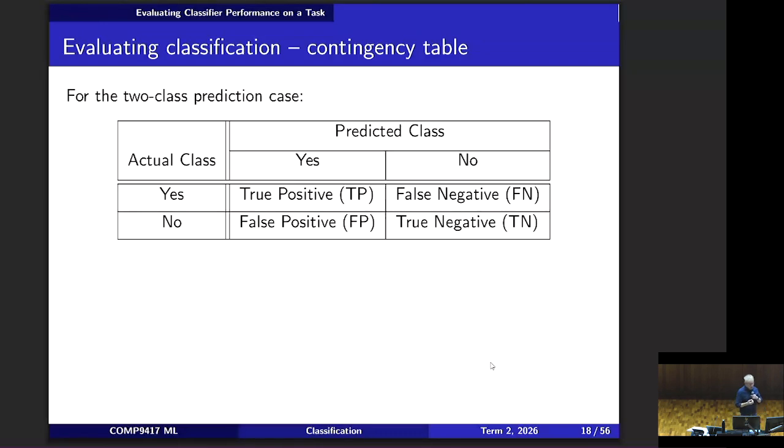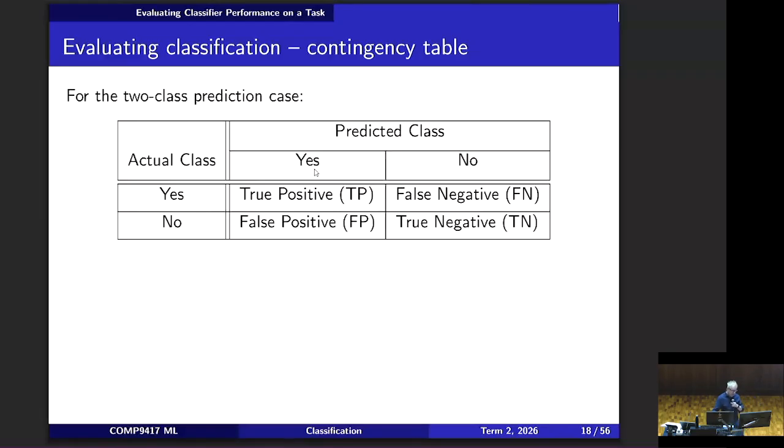You've probably seen something like this before; it's variously called a contingency table or a confusion matrix. In the case of two classes, it lines up the actual labels, and there are two choices, which I've called yes and no, just to keep the labeling different from the metric.